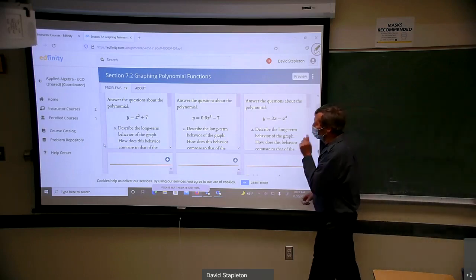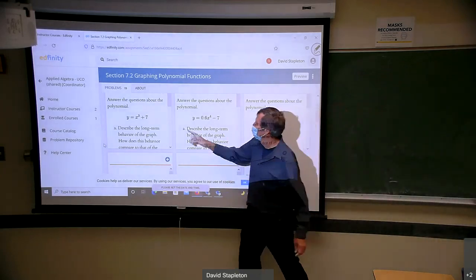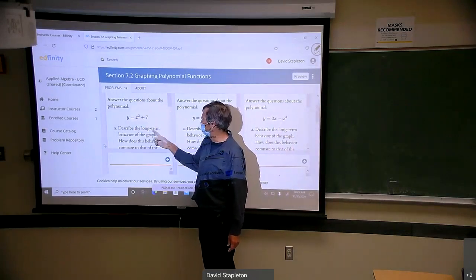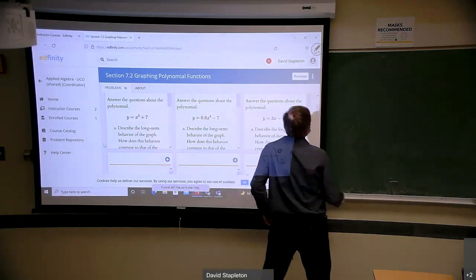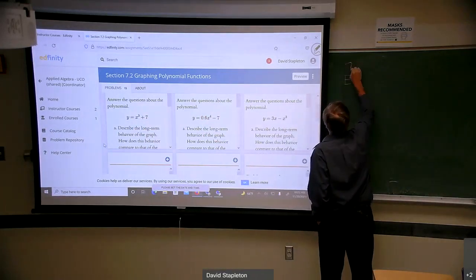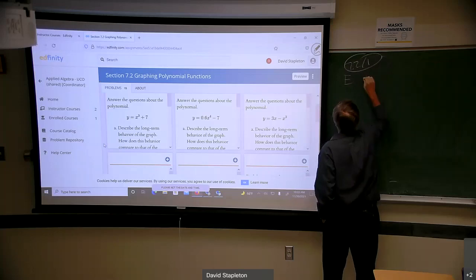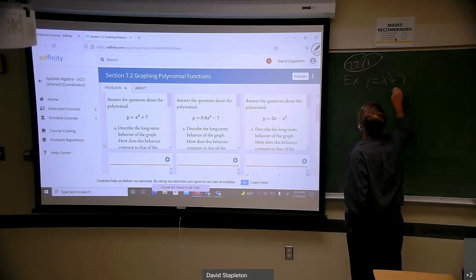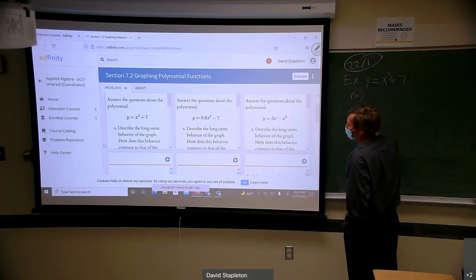For instance, this one: answer the questions about the polynomial y equals x cubed plus 7. Describe the long-term behavior of the graph. So here's 7.2, number one. For y equals x cubed plus 7, what is the long-term behavior, or end behavior in other books, of the graph?